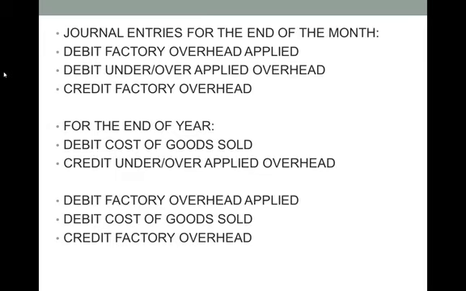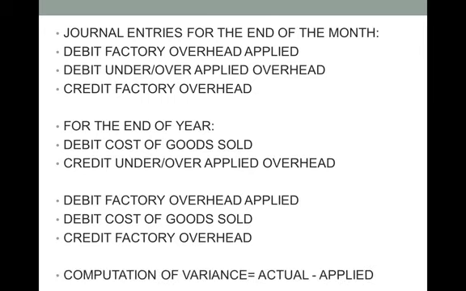Now this is the complicated part, the variance. To compute variance, we simply subtract the applied factory overhead from the actual. So the computation of variance is actual less applied.